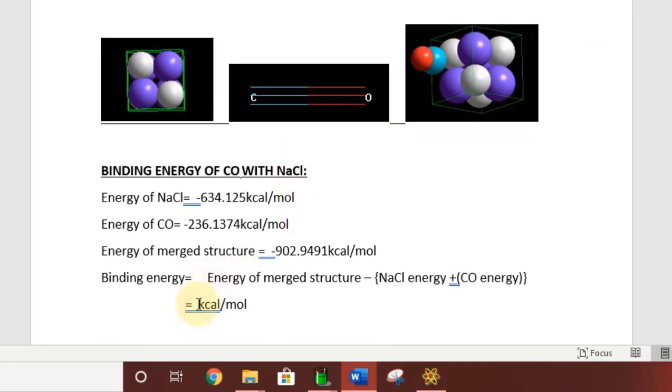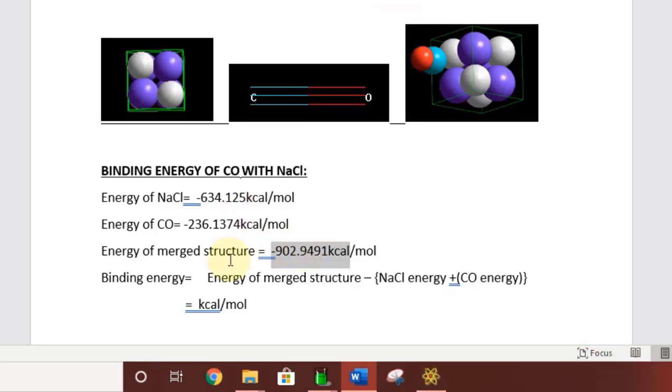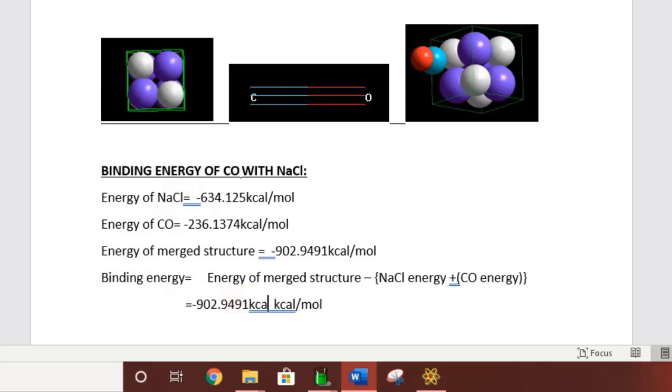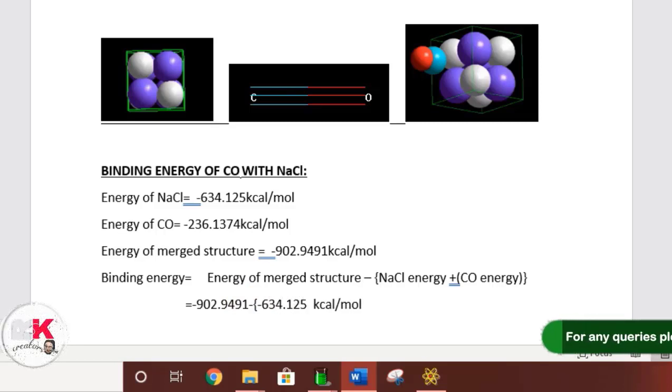Now write the energy of the merged structure, and then minus, and write here the energy of NaCl, negative 634.125 plus.